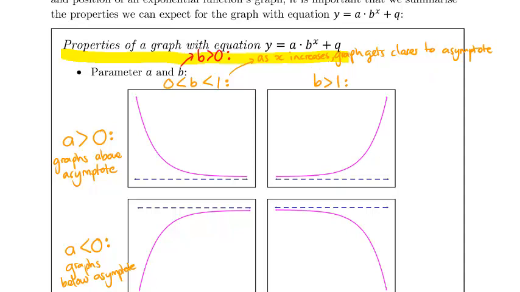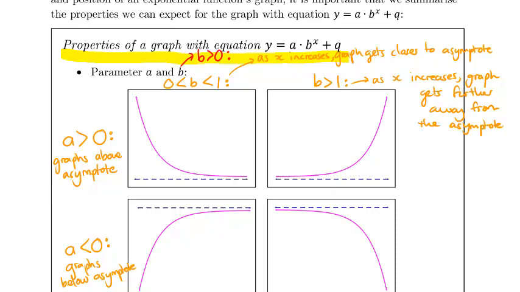Whereas if b is greater than 1, we know that as x increases, what happens, guys? As x increases, the graph gets further away from the asymptote. How sad. Further away from the asymptote over there.